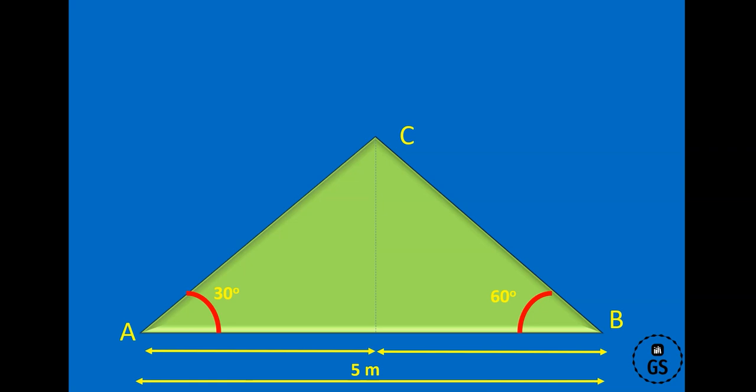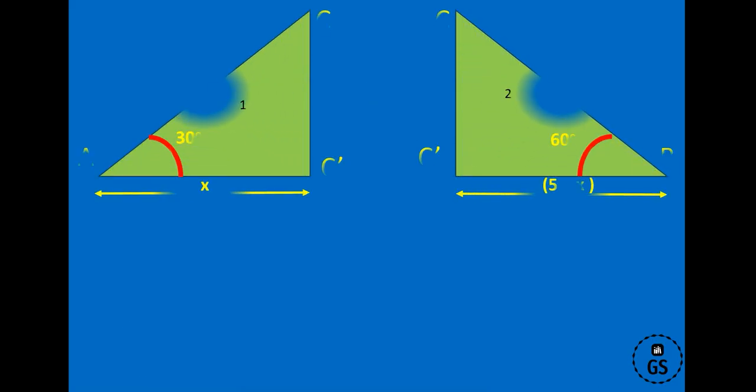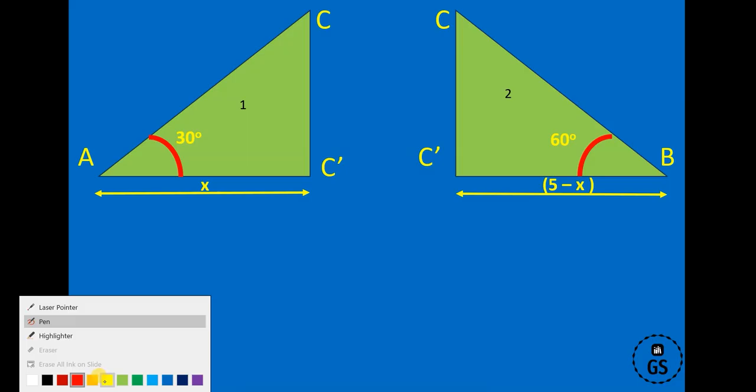So we want to divide the 5 meter length into two parts, named x and 5 minus x, making a first triangle and a second triangle. So 30 degrees for the first triangle and 60 degrees for the second triangle, and both have CC dash as the height. Let's begin calculating this.